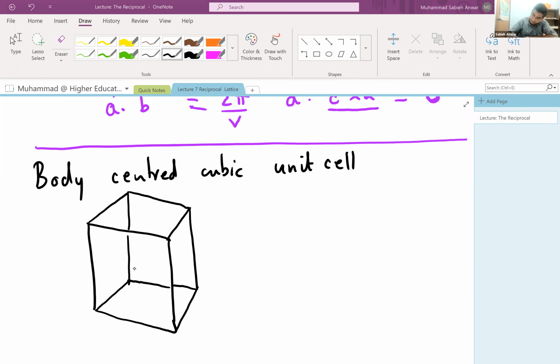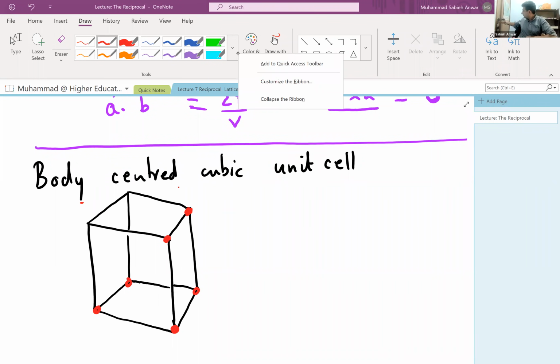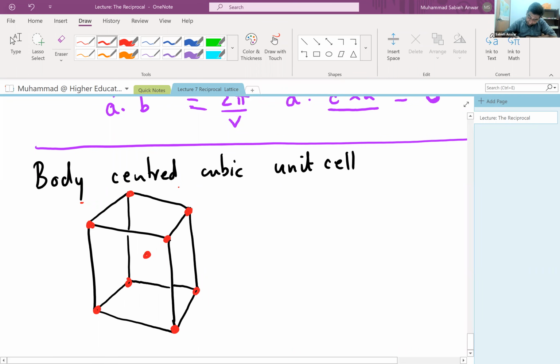Excuse me for a minute, please. All right, so I'm going to put points here representing the body-centered lattice, points at the vertices, and a point at the body center.